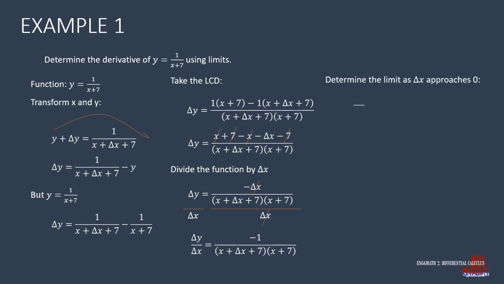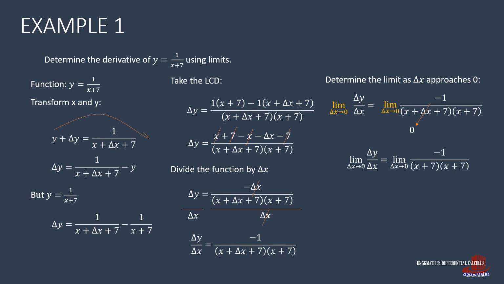Now place the limit as delta x approaches 0 into the function, and check that delta x on the first quantity on the denominator is zeroed out, so the limit becomes negative 1 over the quantity of x plus 7 with another quantity x plus 7. This we can simplify as the derivative of y with respect to x as negative 1 over the square of x plus 7.